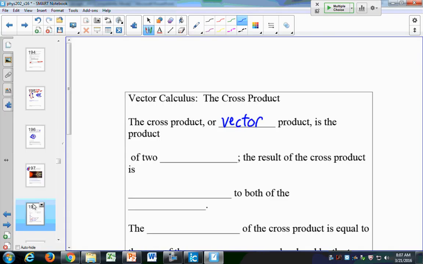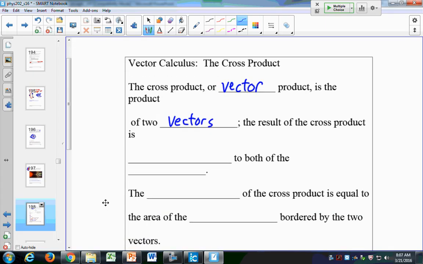The result of the vector product is the product of two vectors. And the reason we call it the vector product is that the result of the cross product is a vector. Well, the result of the cross product is orthogonal to both of the vectors. And orthogonal just means that it's perpendicular.